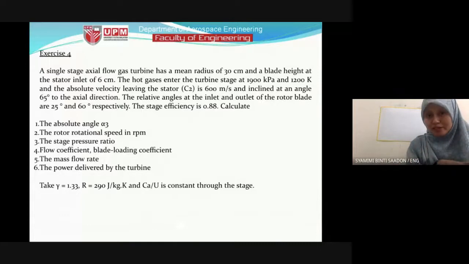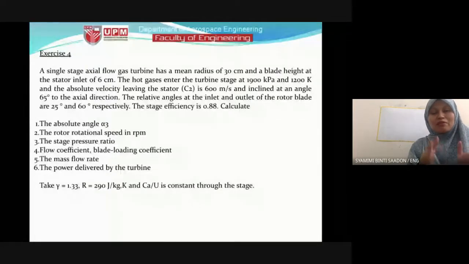Meanwhile, for compressor, the position is rotor, stator, rotor, stator, rotor, stator, depending on how many stages we have. So we focus more on positions 1 and 2 because it starts with the rotor. Rotor inlet and rotor outlet for compressor are positions 1 and 2.